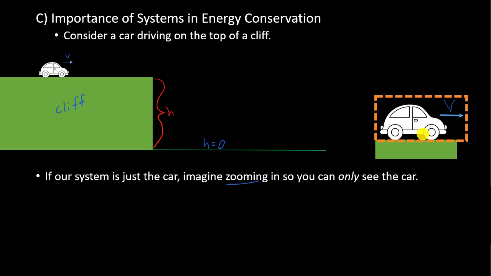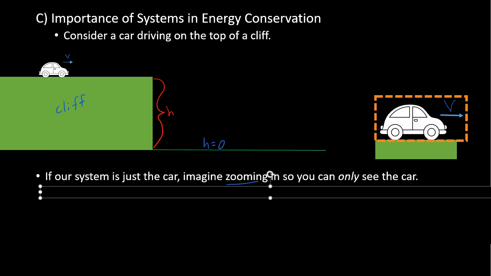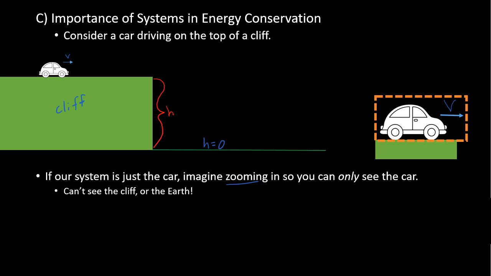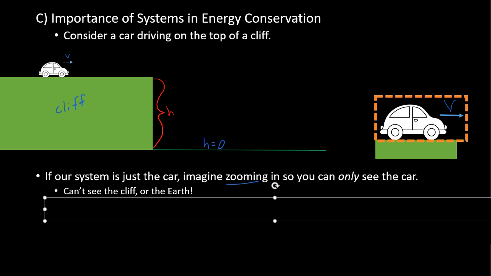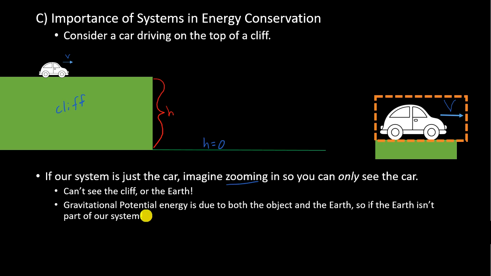I can still see, okay, it has some kinetic energy. But if I no longer see the cliff, how do I approach gravitational potential energy? Well, if I can't see the cliff, it's almost like I can't even see the Earth. And this is important because gravitational potential energy is due to the force that the Earth is applying. It's due to that gravitational force.